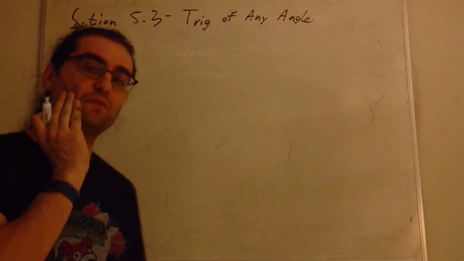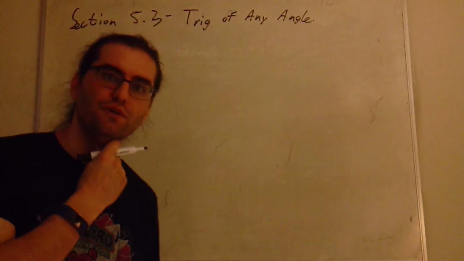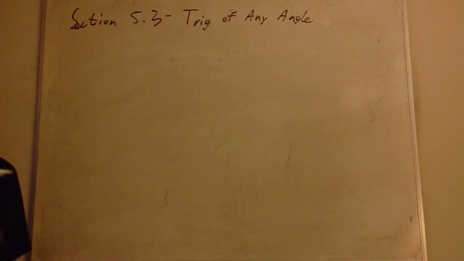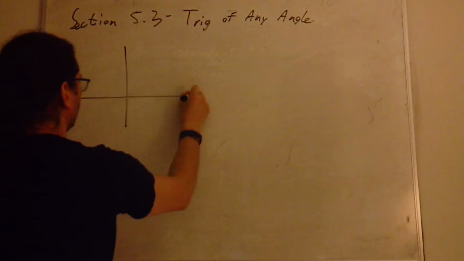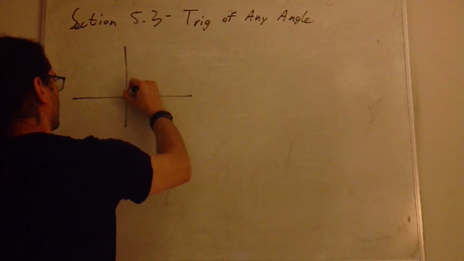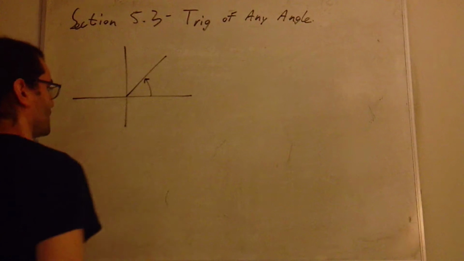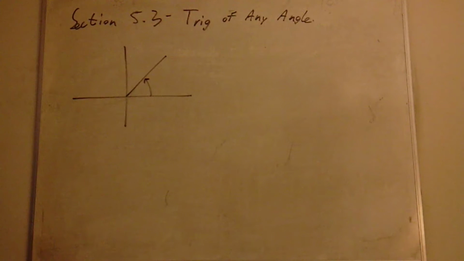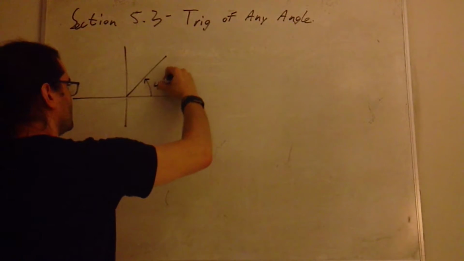And we're going to accomplish this goal by using the coordinate axes. We learned in section 5.1 that you can put angles on the coordinate axes and that they go counterclockwise. So if you put a 45-degree angle on the coordinate axes, you always start on the positive x-axis, you go counterclockwise, this is your 45-degree angle.